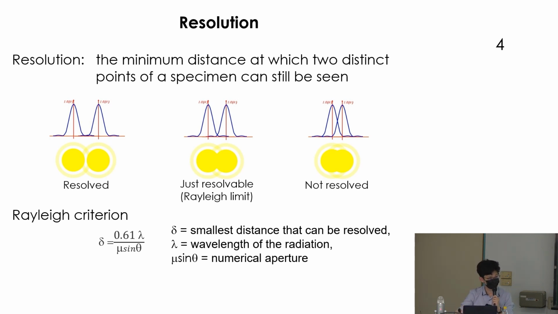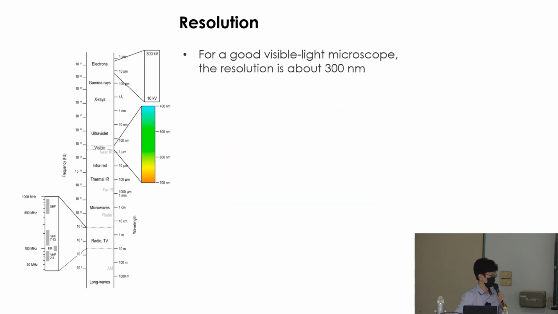Okay, once you get this idea, let's go back to see the entire spectrum. From the top, the smallest wavelength, and at the bottom, the longest wavelength. You can check on your screen that I already uploaded a slide. From the top, we have electron, gamma ray, X-ray, UV light, visible light, IR, and so on.